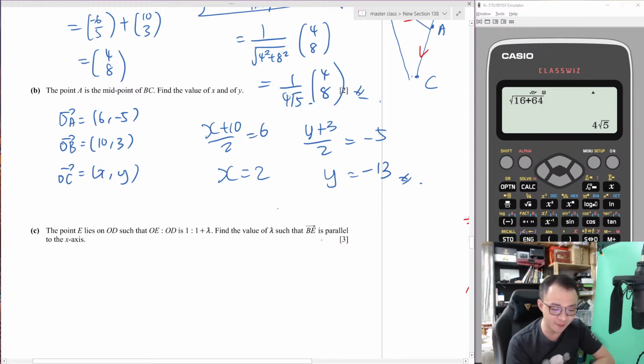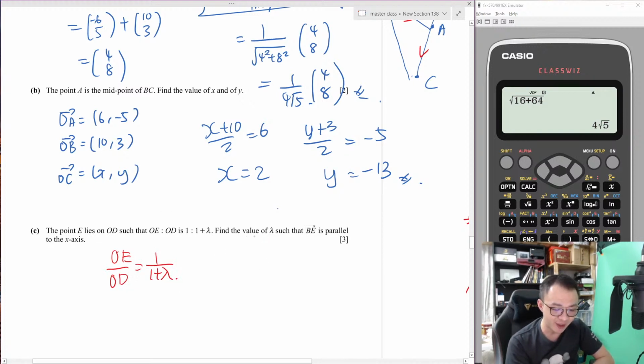First thing is we have some parallel and some collinear as well. E lies on OD, so I know OE over OD equals 1 over 1 plus lambda. This is what I can get from the ratio here.